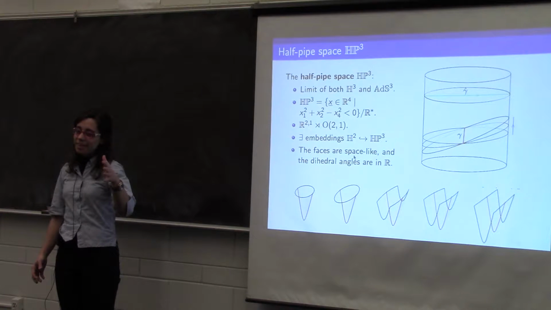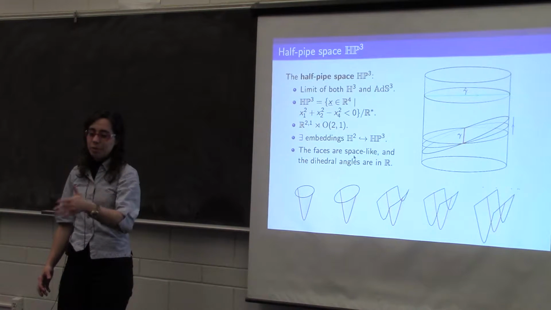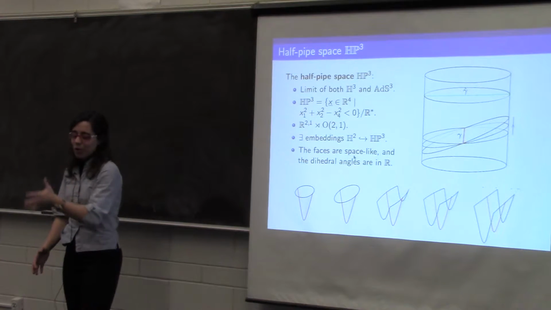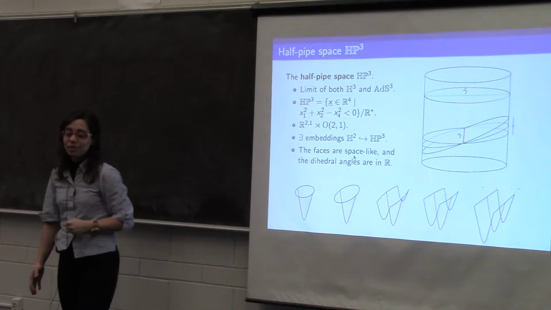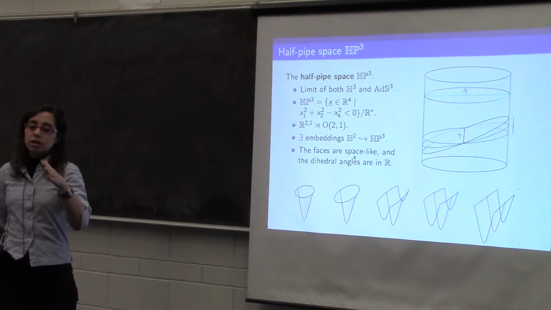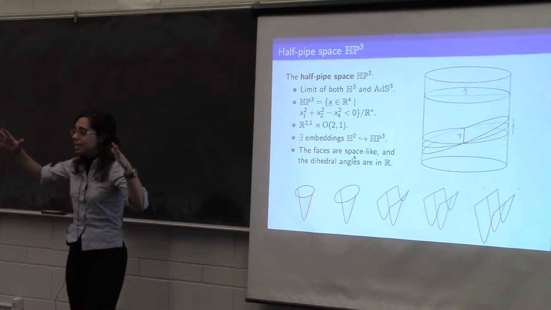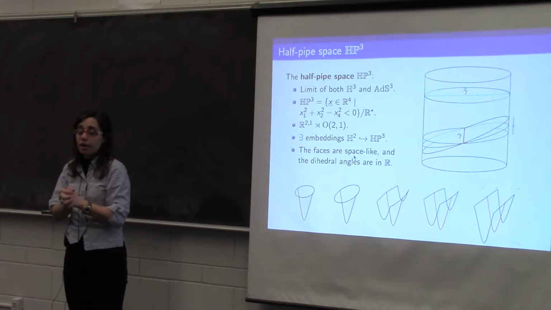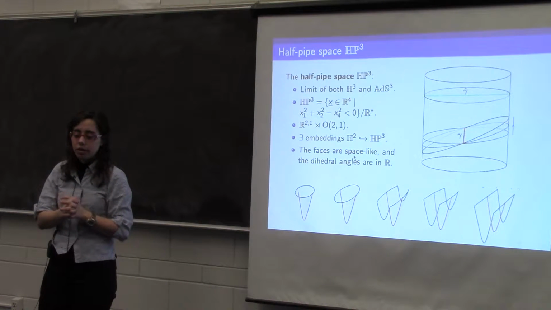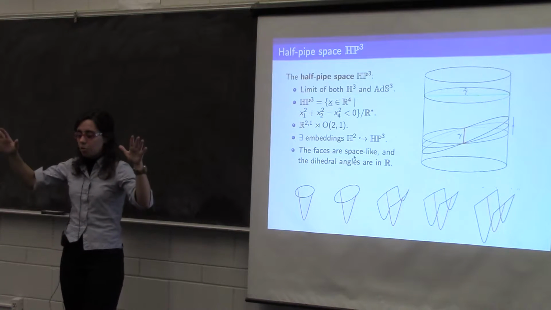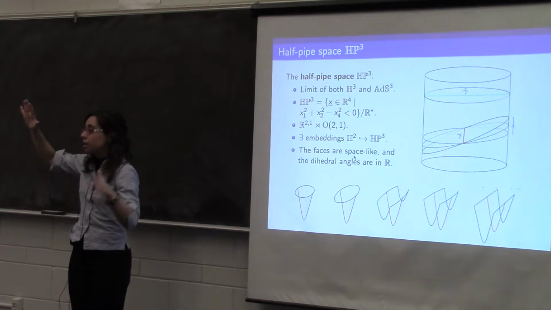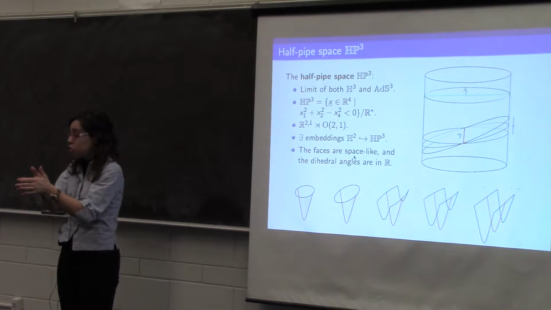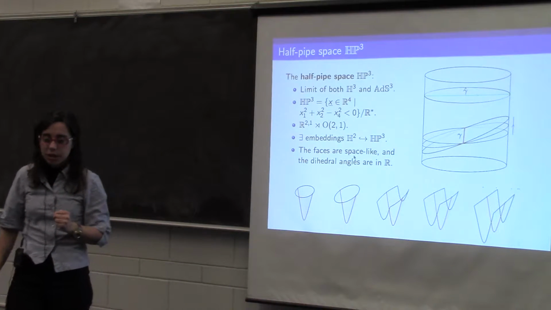So, and actually I will tell you a bit later this transition geometry, okay? So the half-pipe geometry is a limit of both anti-de Sitter and hyperbolic geometry, okay? And I will explain how similarly it happens as a limit of hyperbolic and spherical geometry to the Euclidean geometry, okay? I will explain later.